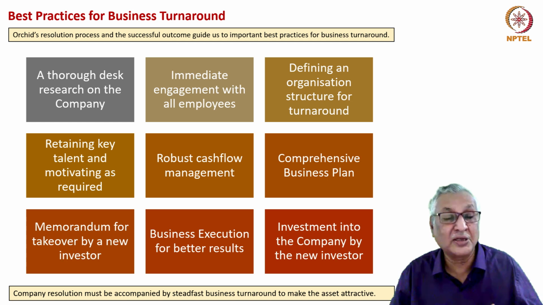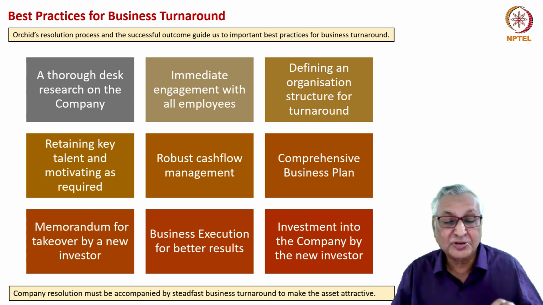All of this will be a part of a good memorandum. Business execution for better results and investment into the company by the new investor. Company resolution must be accompanied by steadfast business turnaround to make the asset attractive.